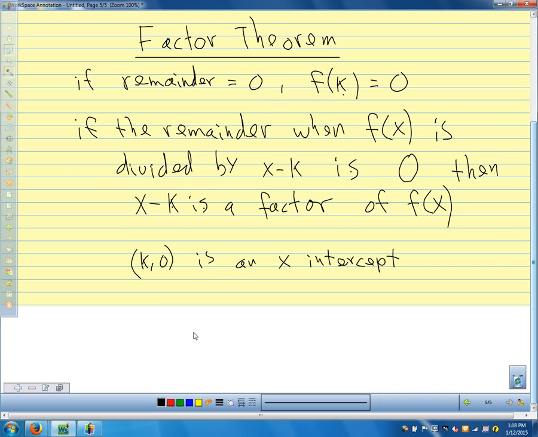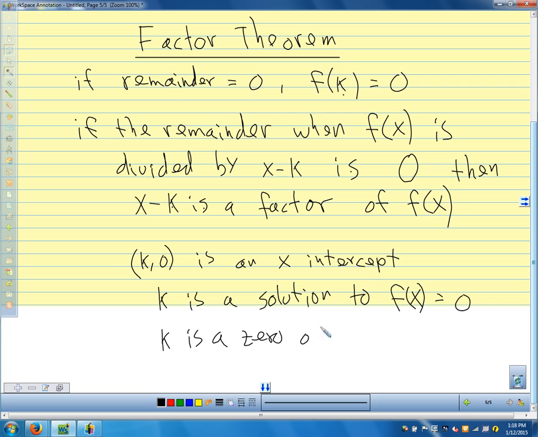That also tells us that k is a solution to f of x equals 0. f of k equals 0, that's what we said here. Also means that k is a 0 of f of x.